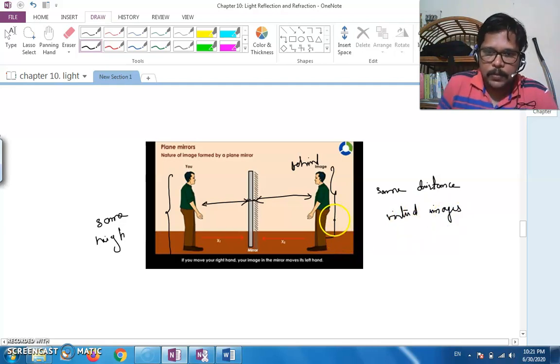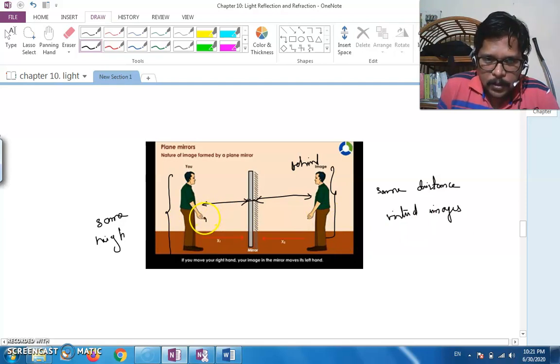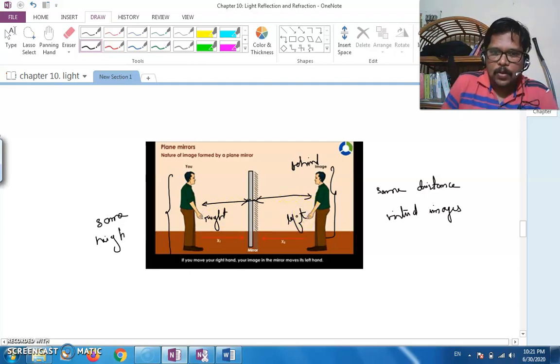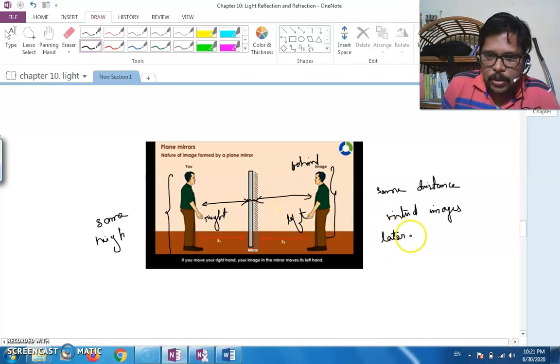Then another point which we can notice is, see here, this is the right hand, and in this direction that becomes the left hand. So this is called the right left inversion or lateral inversion.